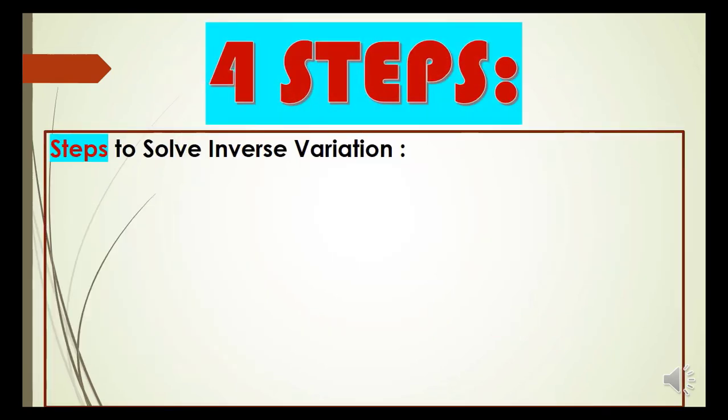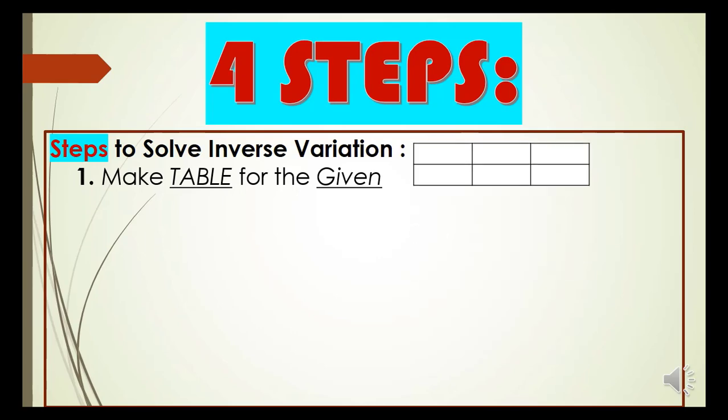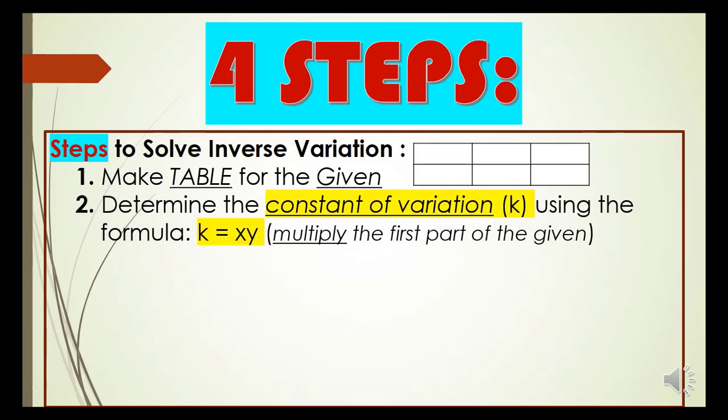Here are now the 4 steps to solve inverse variation. Step number 1, make a table for the given. Step number 2, determine the constant of variation k using the formula k equals x times y, k equals xy, or just simply multiply the first part of the given.